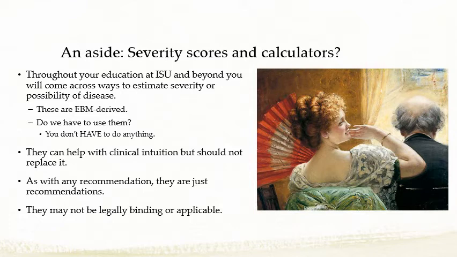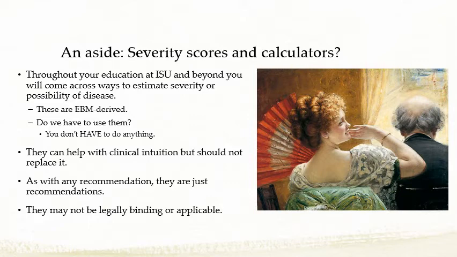So real quickly on the side of these scores, some of you might be thinking, gosh, I worked in the ER and I've never heard of these heart scores, or some of you may be familiar with them. These scores are EBM derived, evidence-based medicine derived, and they help health providers with basically intuition.